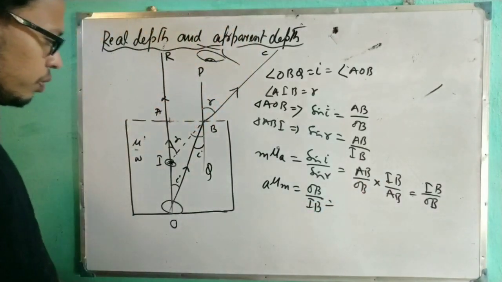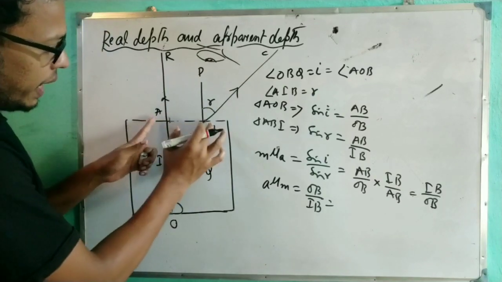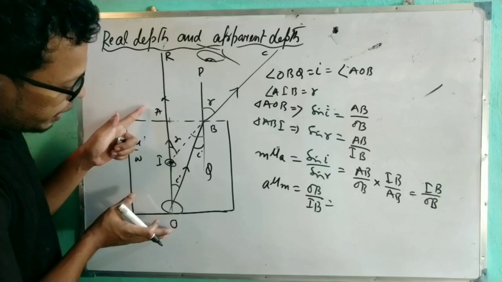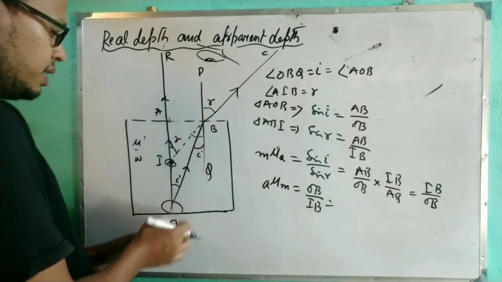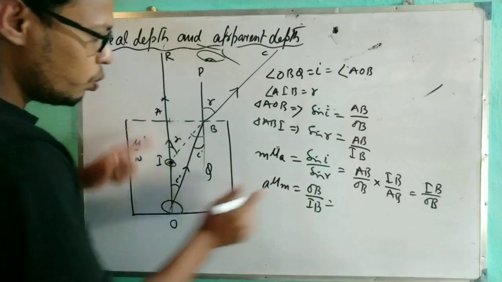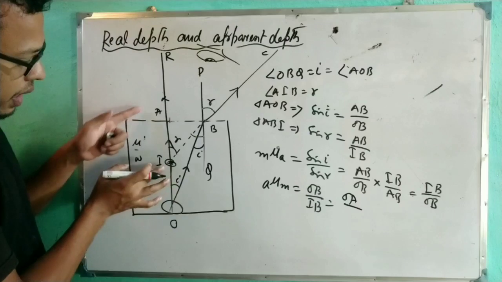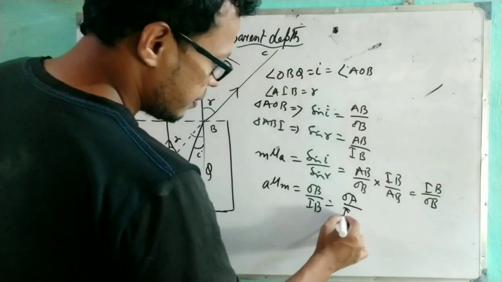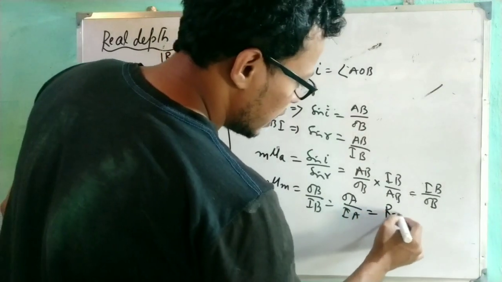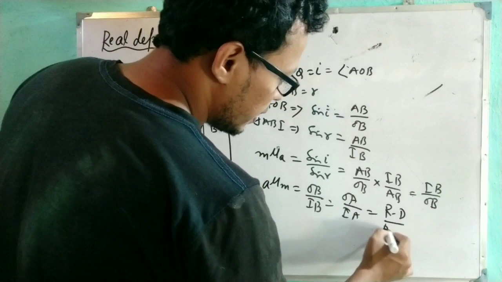See, first I told you A and B are very close to each other. So whatever be the distance of AO, that is the same as the distance of OB. So instead of OB, I can write OA divided by IB, I can write IA. So here OA means actually which one? This is real depth, divided by IA, which is apparent depth.